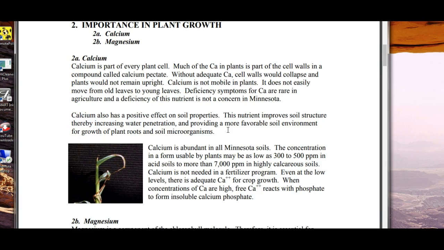Calcium is abundant in Washington, pretty much central and eastern, and fairly deficient on the west side. So your concentration in a form usable by plants could be as low as 300 to 500 parts per million in our acid soils, and where we have highly calcareous soils with a lot of calcium, it can be up to 7,000 parts per million.